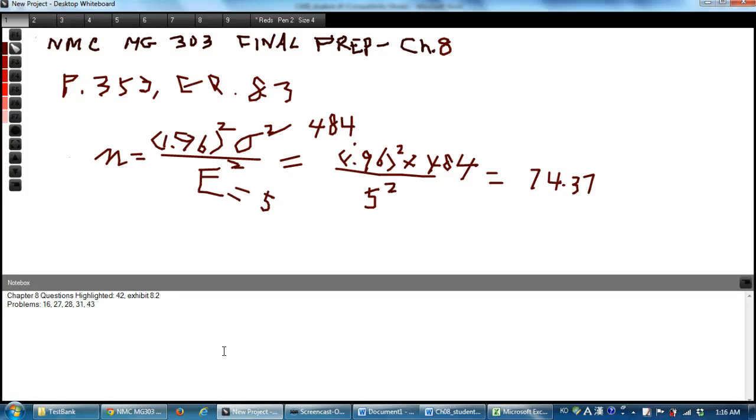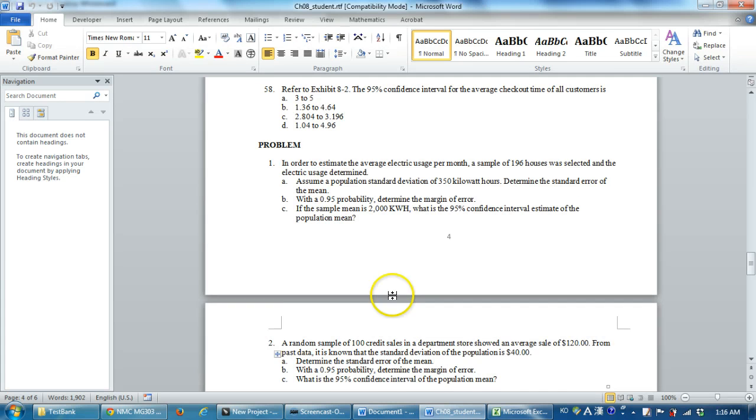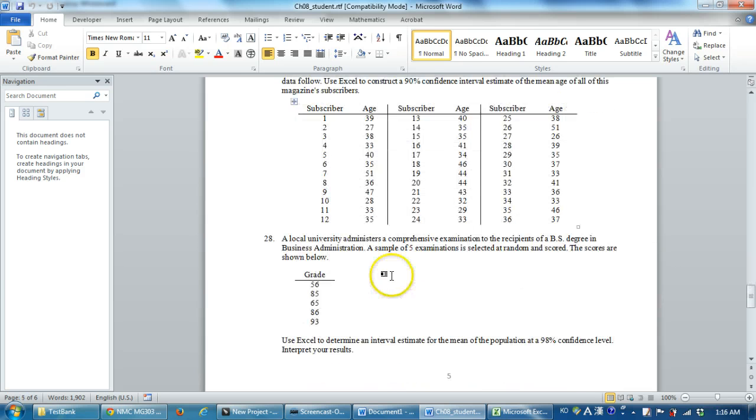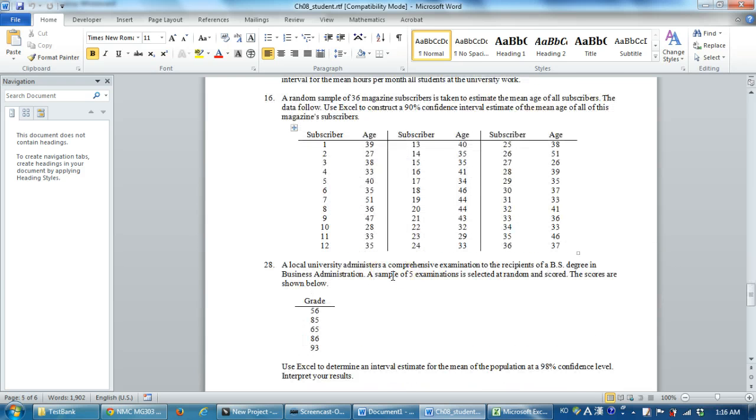Question number 16, just to highlight it, is right there, and you can use Excel, and especially you can count the sample size.